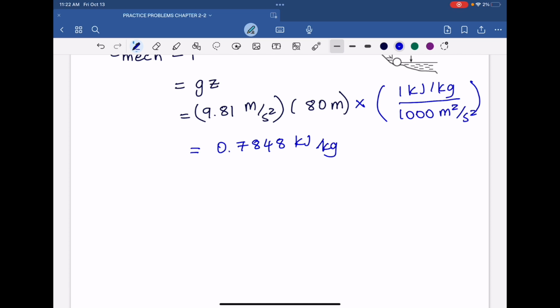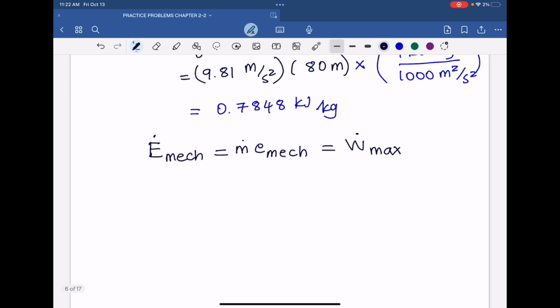So the next thing we do is convert this. We're not going to convert it, but we're going to use it in the equation where we calculate the energy flow rate, mechanical energy flow rate, which is equal to mass flow rate times mechanical energy per unit mass. This should be equal to the maximum power potential, because that mechanical energy of that fluid can be completely converted.